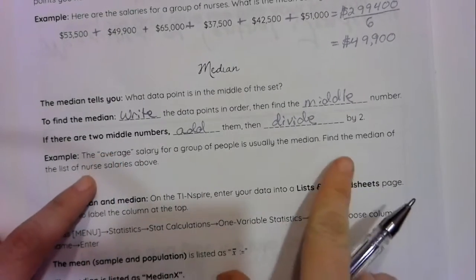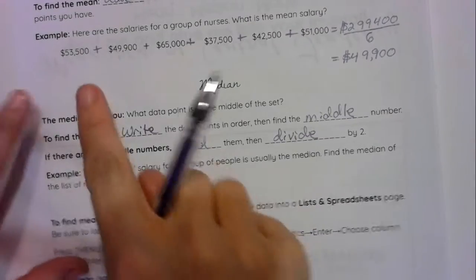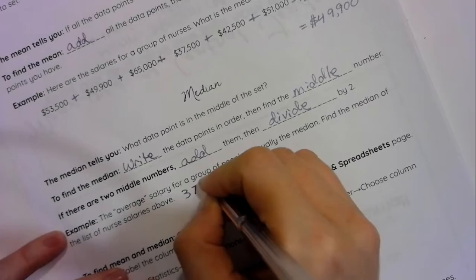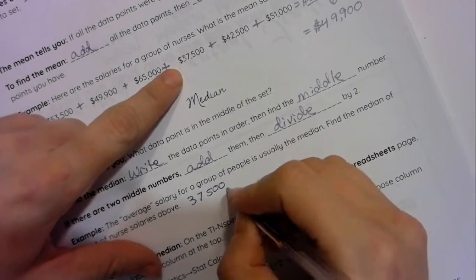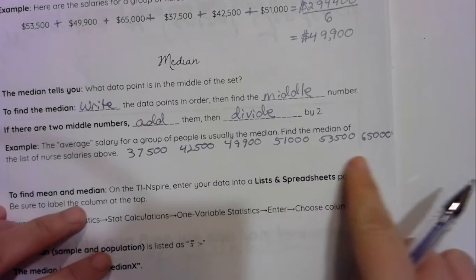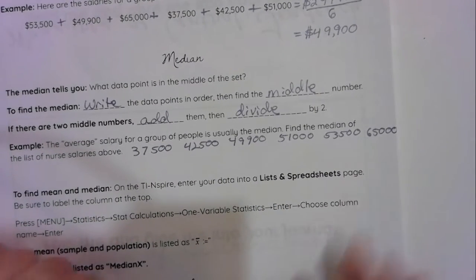So now we're going to find the median for this list of nurse salaries. Right now they're not in order, so we've got to put them in order. I've put the salaries in order. If you need to, pause the video and double check yours. Then I need the middle number.